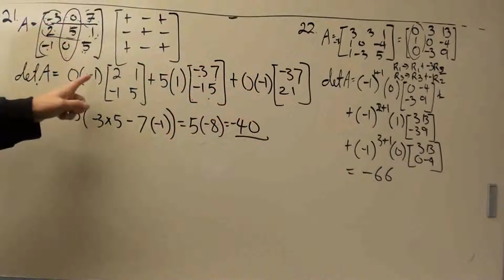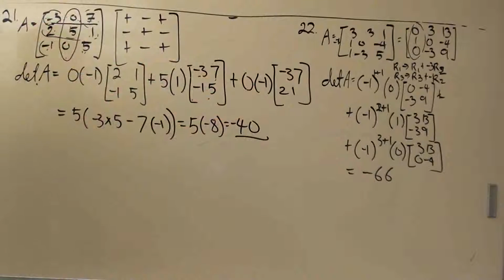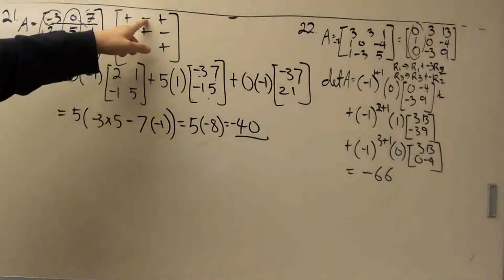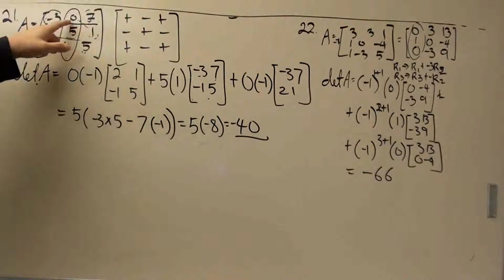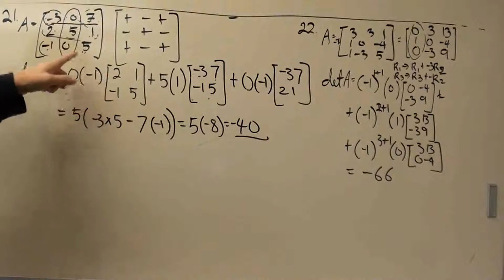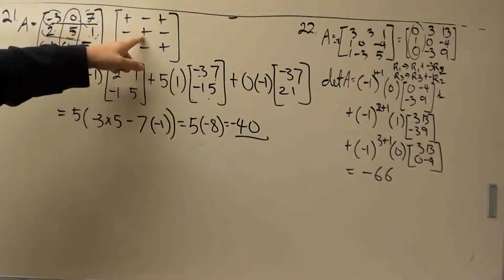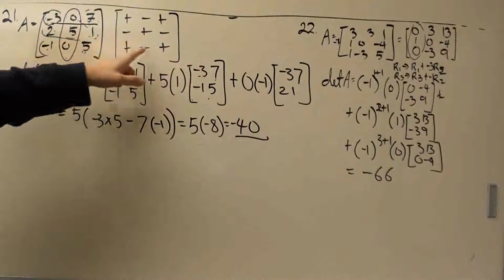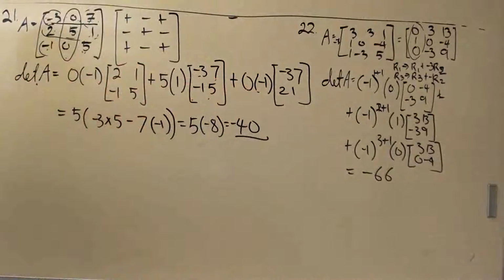Well, as we said, 0 is touching this side, so this entry happens to be right there, which happens to be a negative sign. That's why we put negative. The 5 happens to be on that positive entry, so that's going to be positive 1. And 0, negative 1. That's how it went. So this is how we use a sign chart.